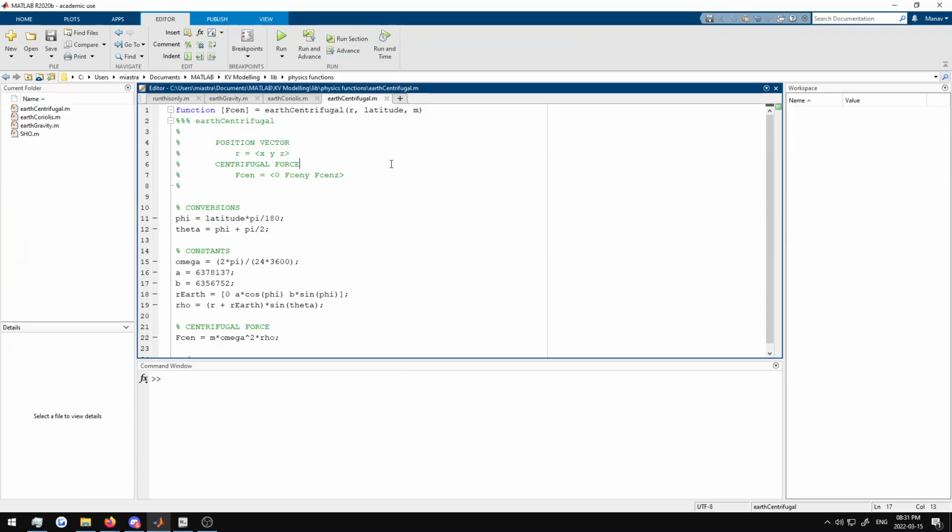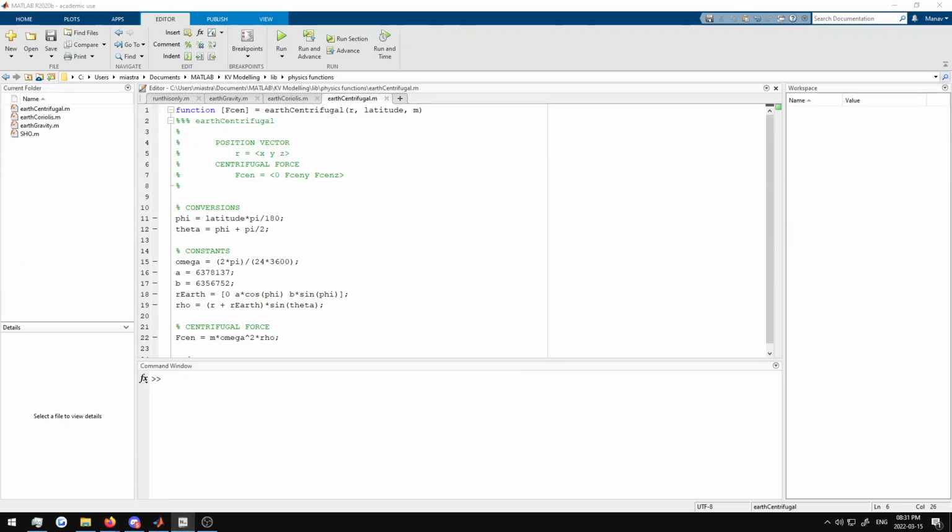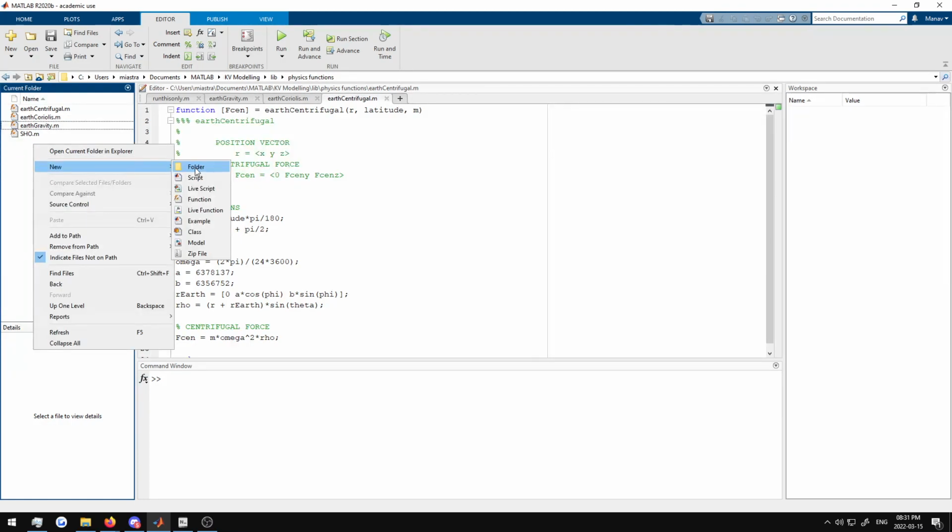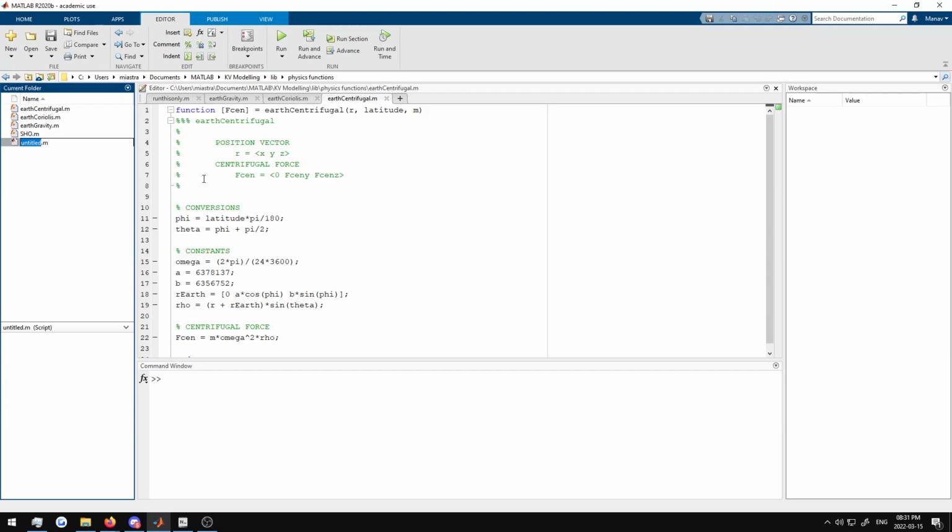All right. So we have our three forces that we care about: gravity, Coriolis force, centrifugal force. Now we just need to shove them together into one gigantic equations of motion. So let's do that. We'll call this gravity EOM.